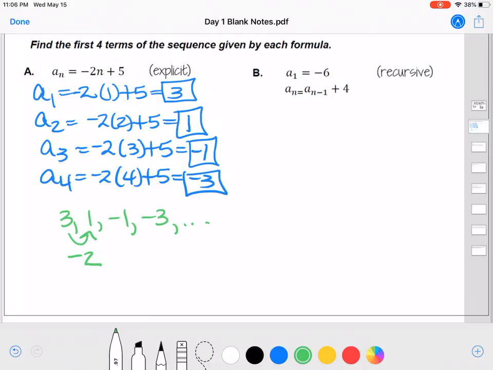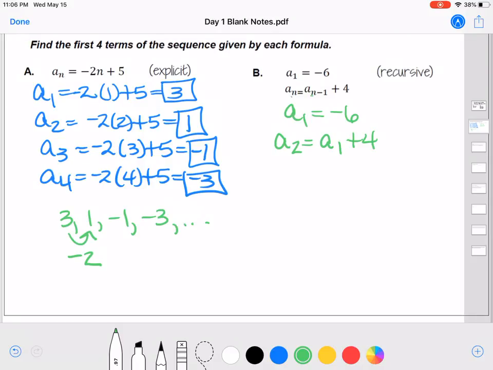So for a recursive formula, they always give you the first term. So a sub 1, they're going to tell you it's negative 6. To get your next term, a sub n, use this formula for anything a sub 2 or bigger. So a sub 2, you're putting 2 in for n. So a sub 2 is a sub 1 plus 4.